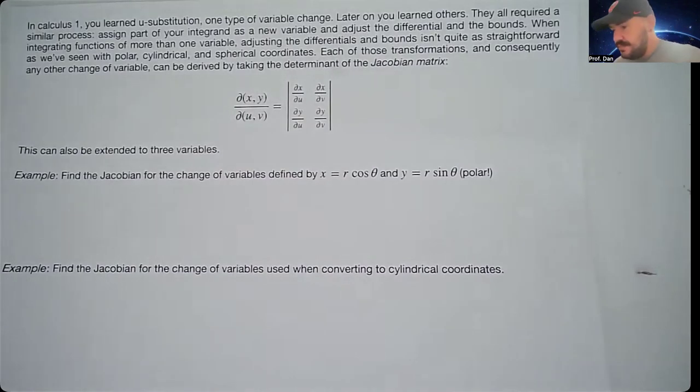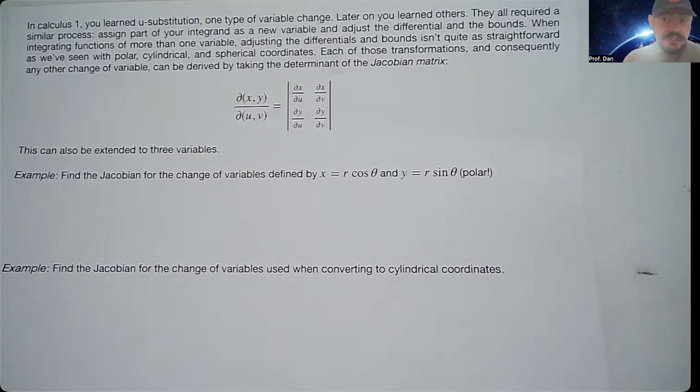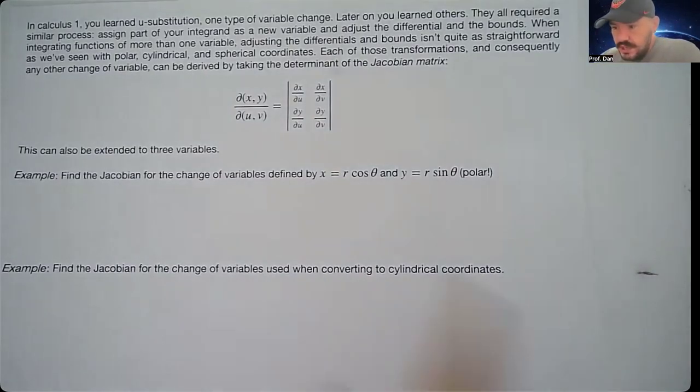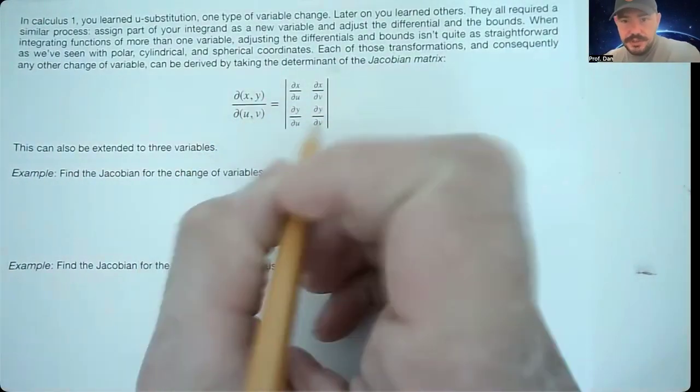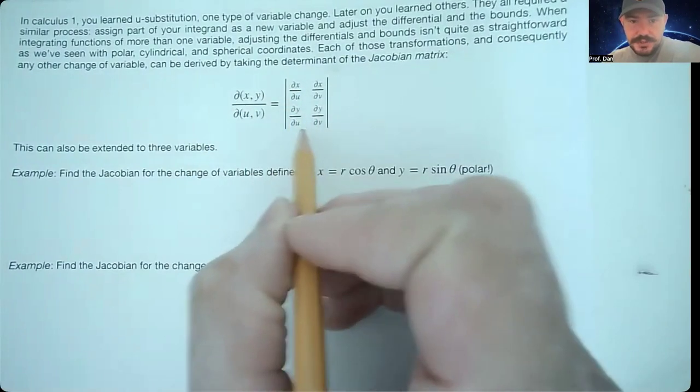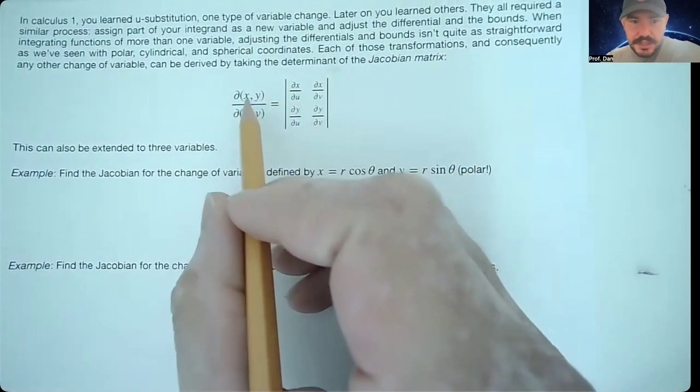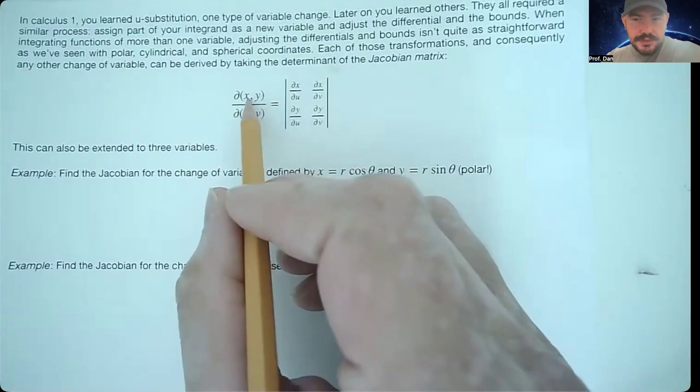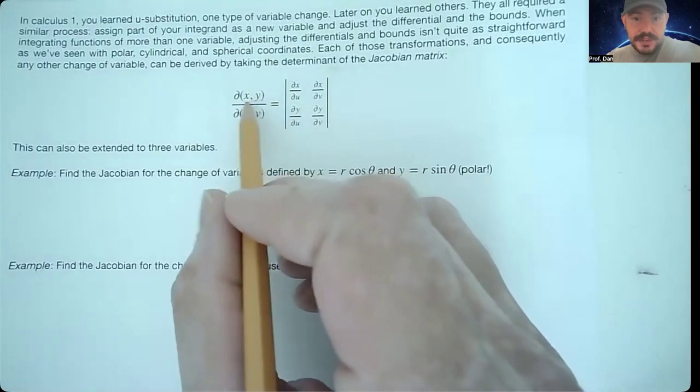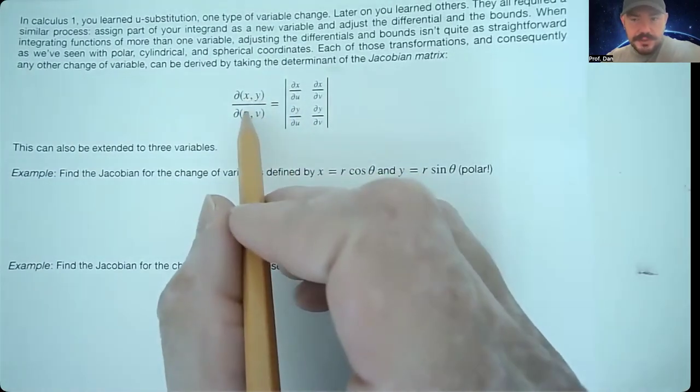If I change variables, whether from xy or xyz, from rectangular into anything, or anything into rectangular, we can set up our Jacobian using partial derivatives. The important thing here is that the original variables are on top, the new variables are on bottom.